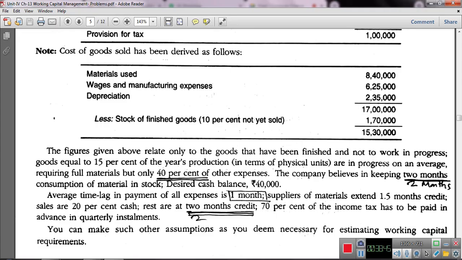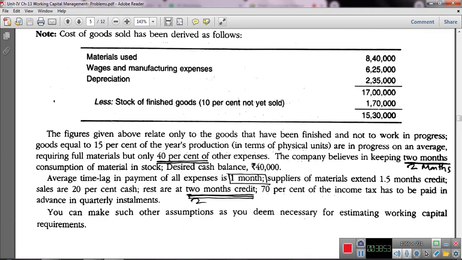You just need to multiply that by the average holding period, or the credit period allowed by the suppliers of raw materials. It is mentioned here: suppliers of materials extend 1.5 months credit. So 8,40,000 into 1.5 divided by 12.